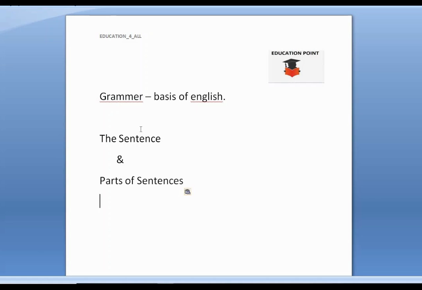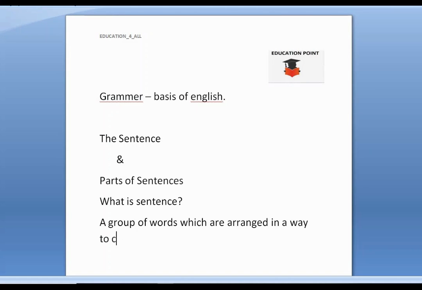As we think about sentence, the first question that comes to our mind is: what is a sentence? So, let's define it. A group of words which are arranged in a way to make a complete sense is called a sentence.